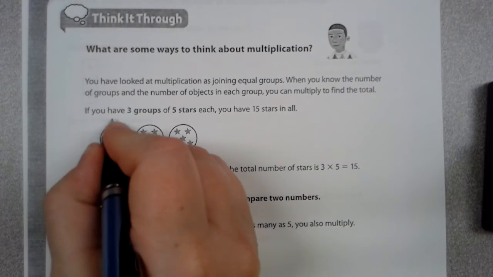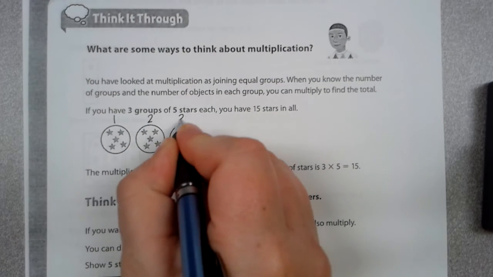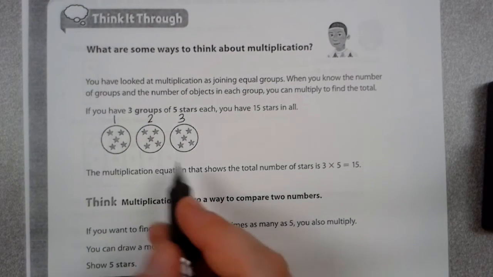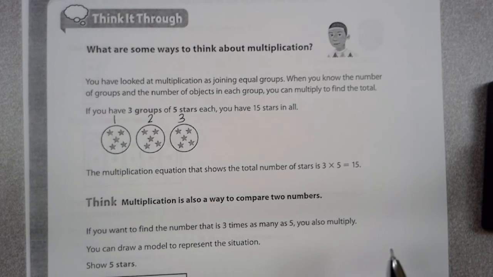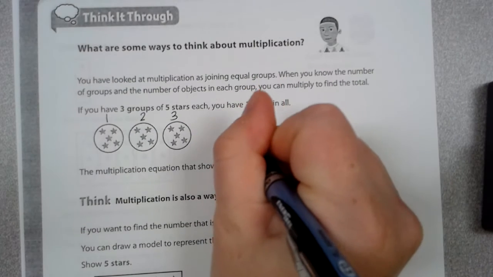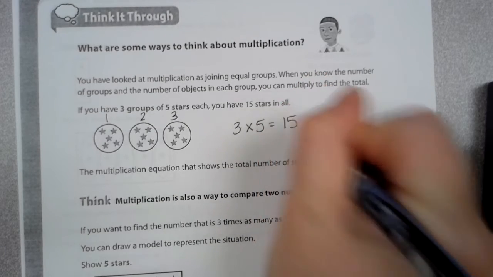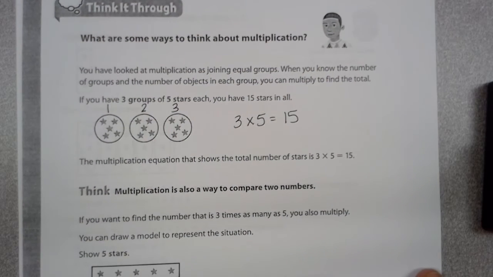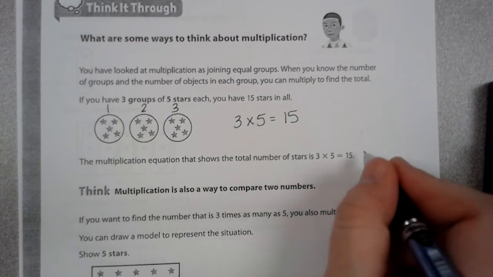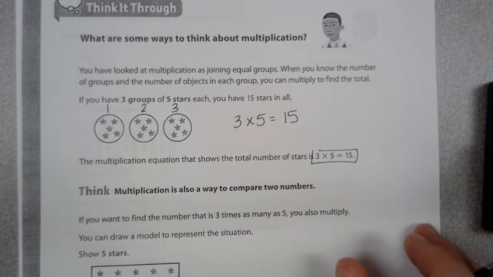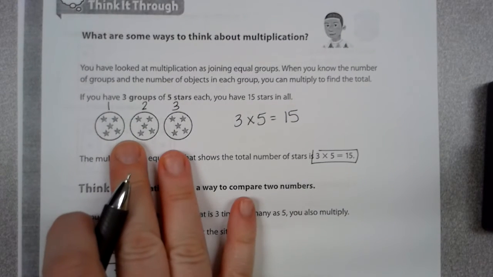For right here, I have 1, 2, 3 groups of 1, 2, 3, 4, 5 stars. So I have 3 groups of 5, and that gives me a total of 15 stars in all. So the equation 3 times 5 equals 15 is what's represented up here.